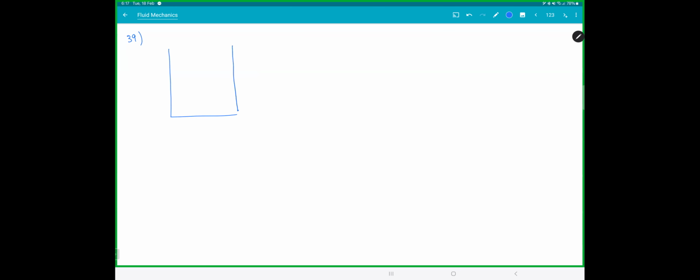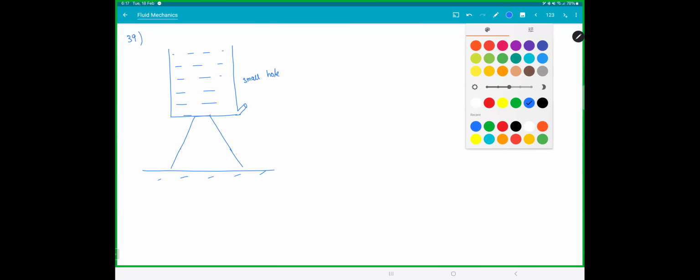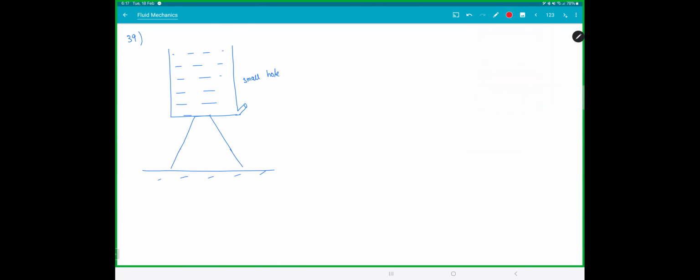Let's say we have a container, but this time the hole is like this. Let's say this was 40 meters.